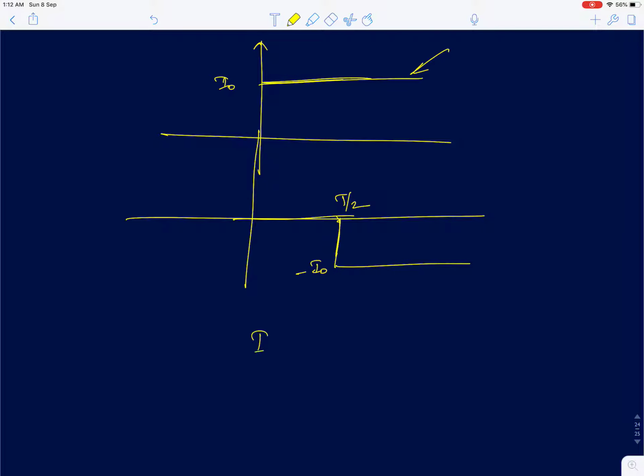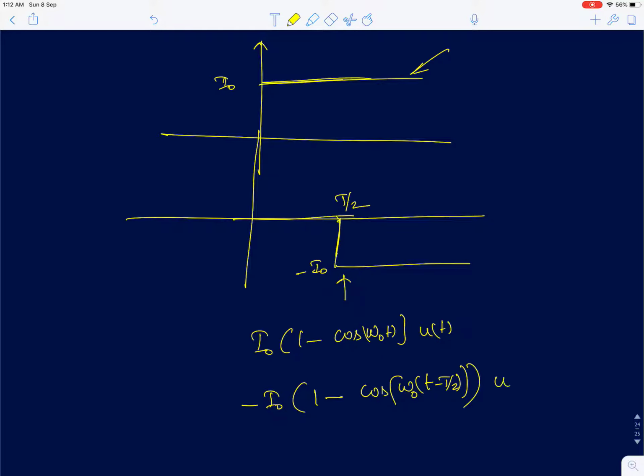So when I apply the positive current pulse, the current through the inductor is going to be I naught into 1 minus cos omega naught t into u of t. For the negative pulse, it's going to be minus I naught into 1 minus cos of omega naught (t minus T by 2) into u of (t minus T by 2).